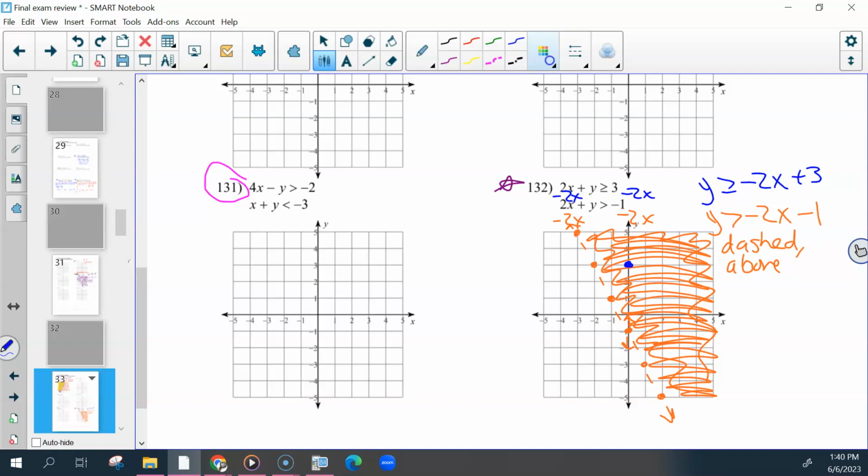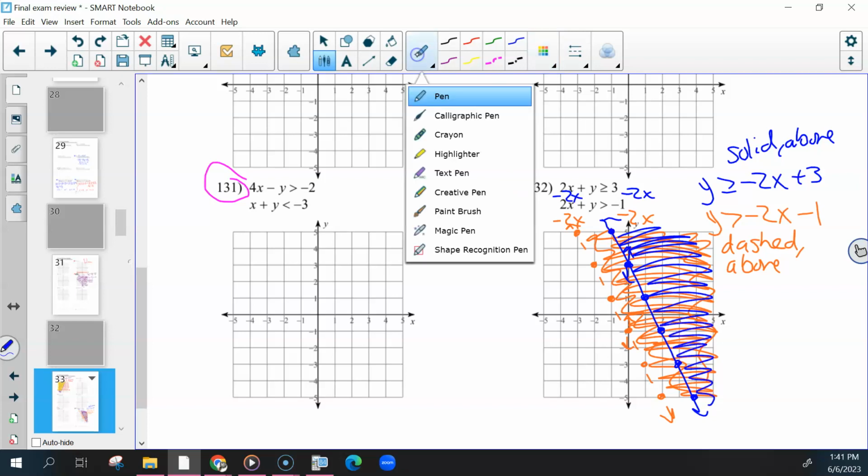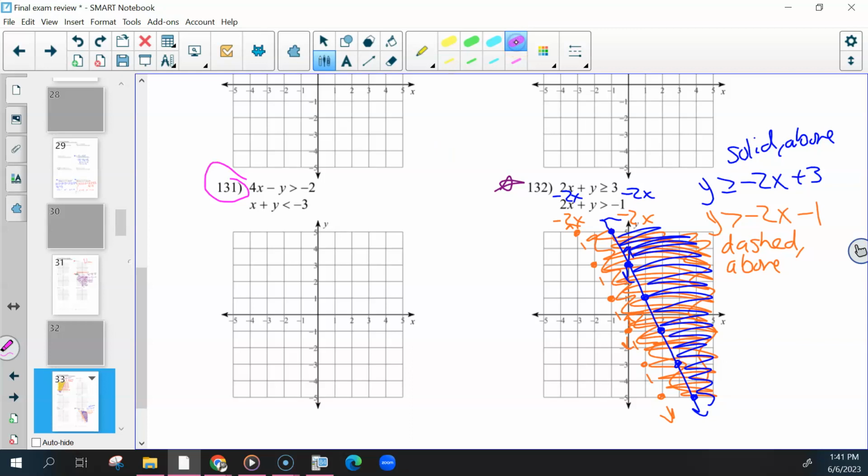Start at +3, my slope again is negative, up to left 1, down to right 1. This one is greater than or equal to, so it's solid and above. So connect those. And above would be again to the right. So the overlapping would be this area over here.